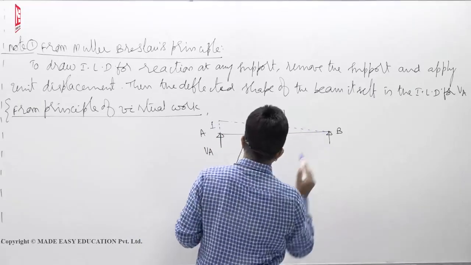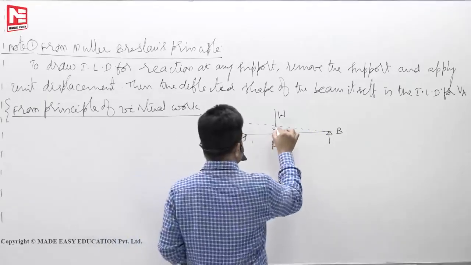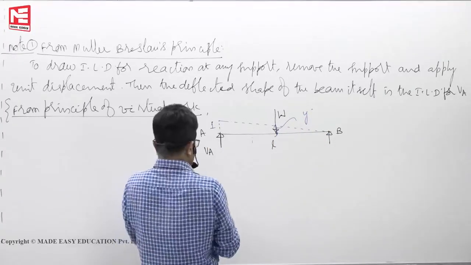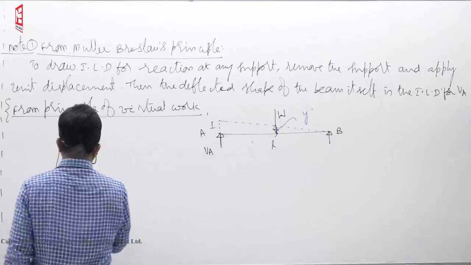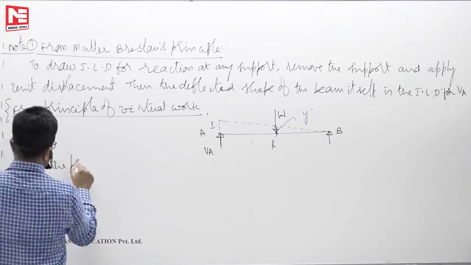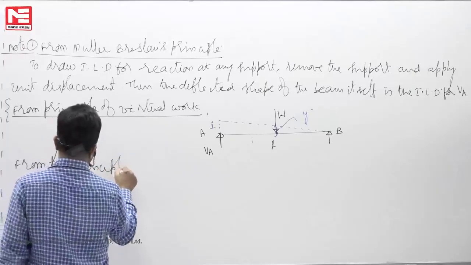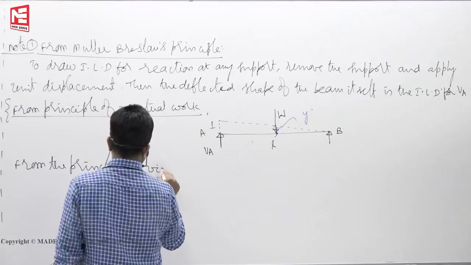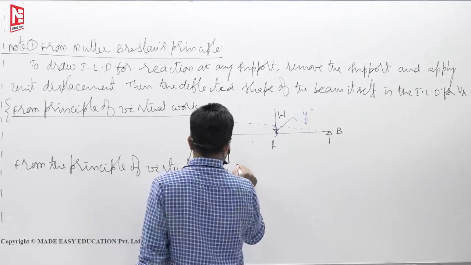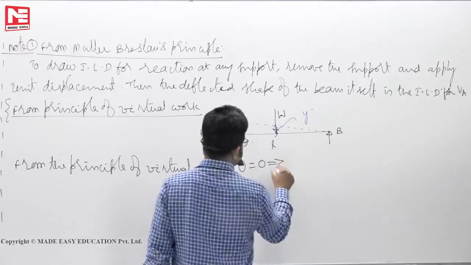This is the deflected shape of the beam. This distance, let us say, is some value y. Now, from the principle of virtual work, total virtual work done is equal to 0.